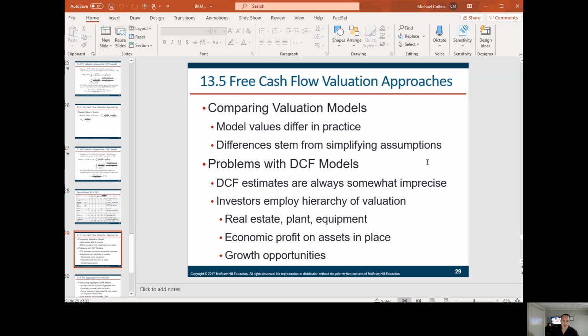So comparing valuation models, they can differ in practice, as I mentioned. There are different underlying assumptions. If a firm doesn't pay a dividend and has a high PE, I like to use a PEG ratio. If it's a home builder, I like price to book typically.